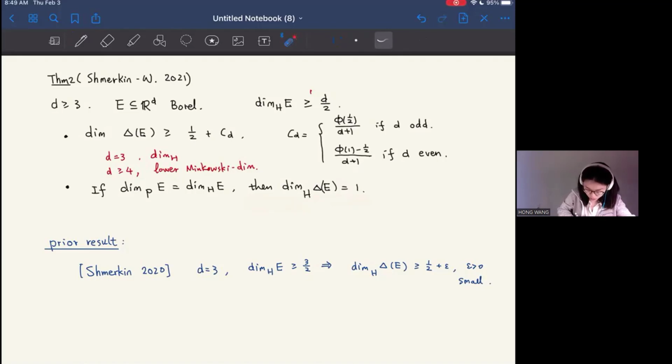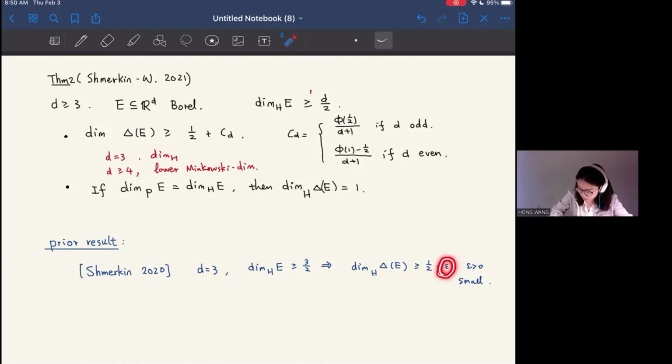The prior result on this topic is due to Pablo Shmerkin in 2020, saying that in dimension 3, if the Hausdorff dimension of E is greater than or equal to 3/2, then the Hausdorff dimension of the distance set is greater than 1/2 plus epsilon, where epsilon is a small positive constant.